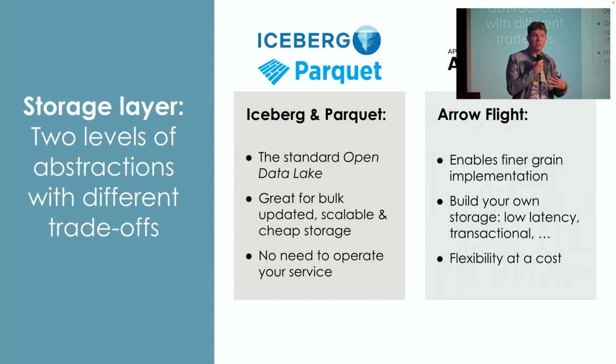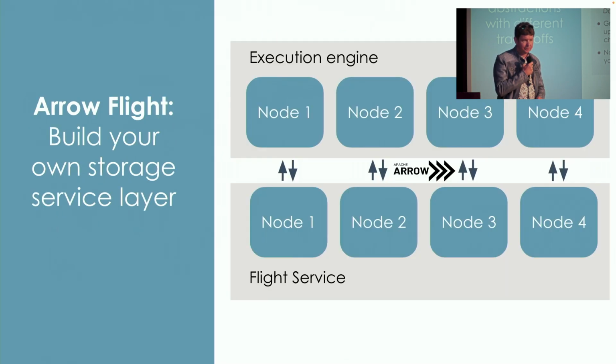Maybe you make the storage layer transactional, or you want to have data available as soon as it's accepted, or things like that. So it creates a lot of flexibility and a lot of power, but it comes at the cost of, there is a service you need to maintain that needs to be elastic and so on, right? Unlike in the case of Iceberg, where the service is S3.